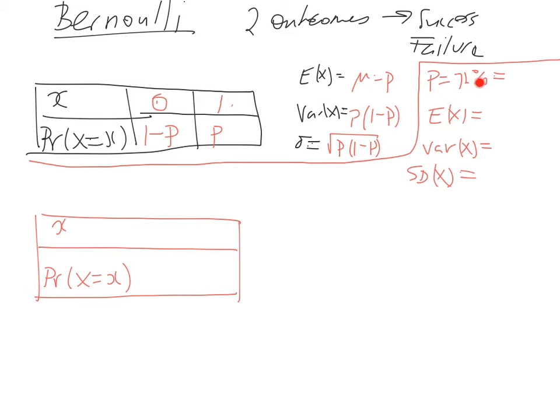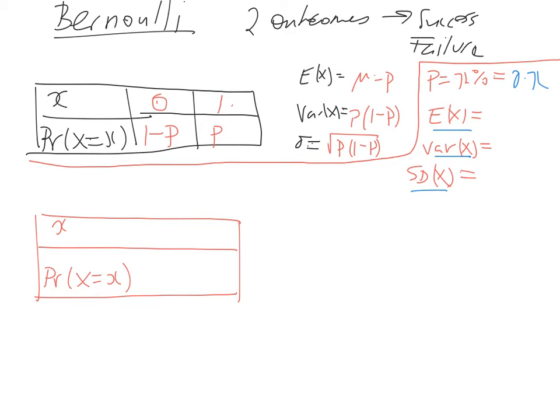We've got a probability of success of 72%. It talks about skin cream and dermatitis, a 72% success rate, so our probability of success is 0.72. We need to find E of x, the variance of x, and the standard deviation of x.